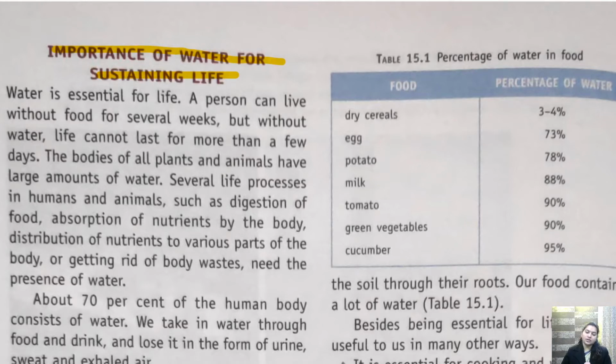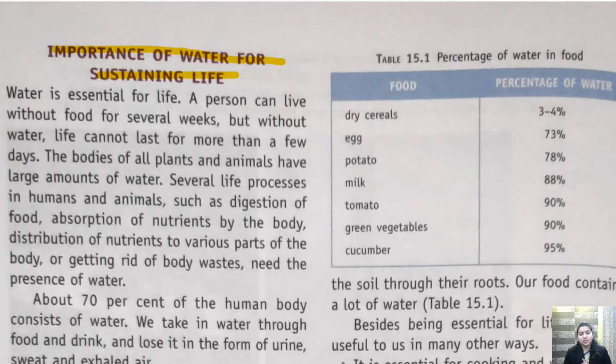Getting it? So water is very essential, and not only our body, all the bodies of plants and animals are 70% made up of water. Getting it? Our body is made up of water.